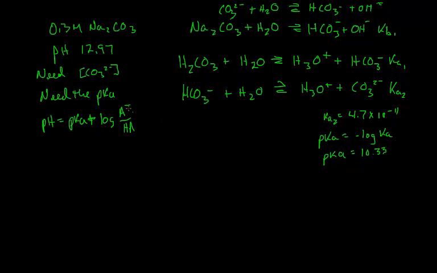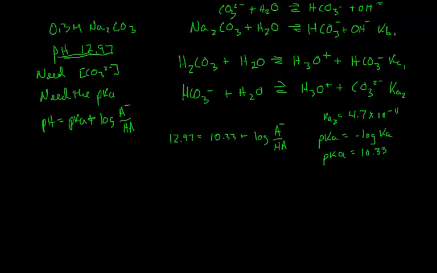So we know our pH, and from that we can get an idea of what the ratio of A minus to HA is. So let's figure that out. The pH is 12.97 equals 10.33 plus the log of A minus over HA.